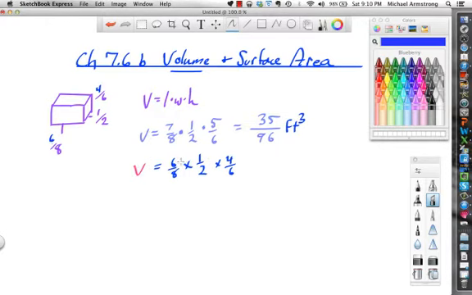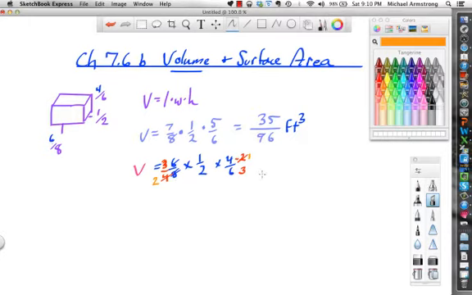But if I look at it, 6/8 is the same as, let's see, divide by 2, I'd get 3/4. Divide this one by 2, I'd get 2/3. And then this 2 and this 4 could simplify down to 1/2. 2/4 is the same as 1/2.